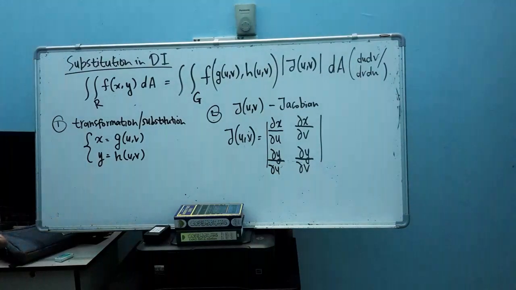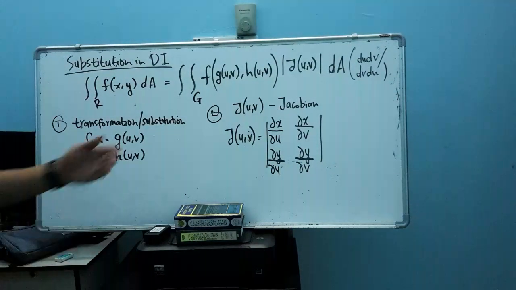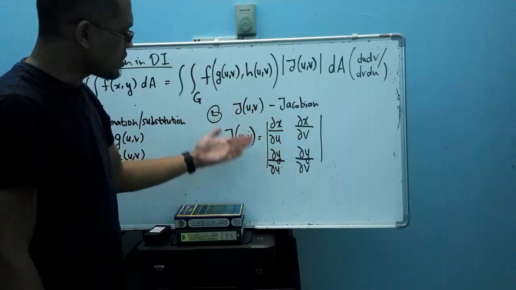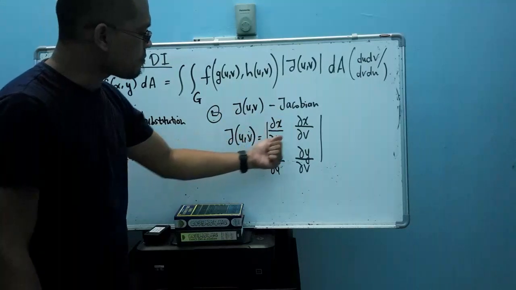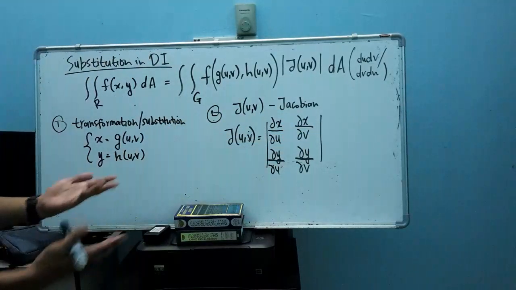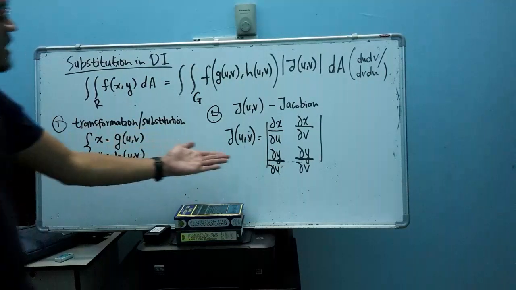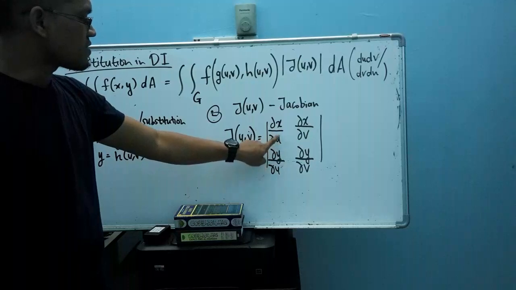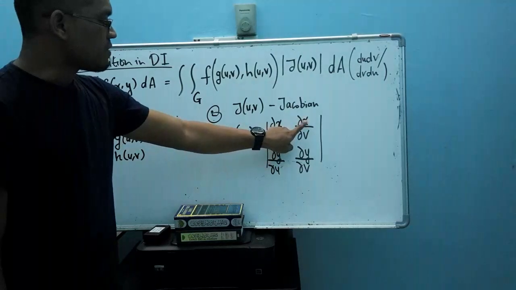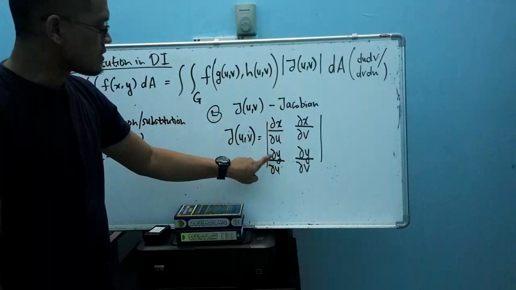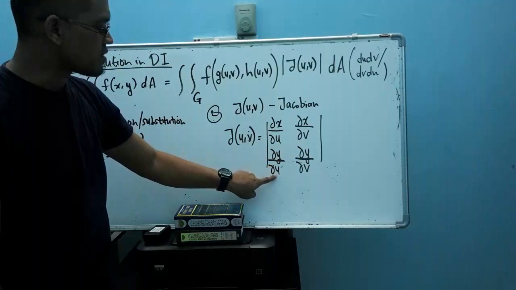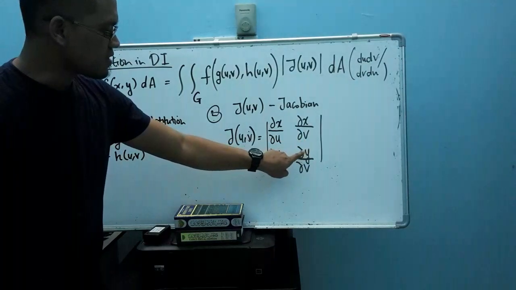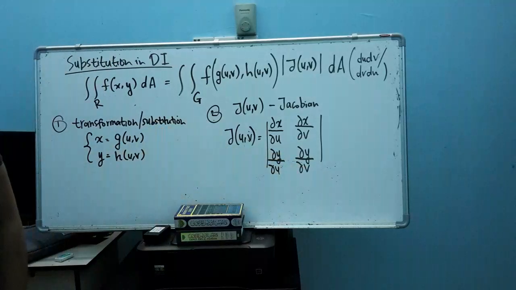But the important thing is the definition of the Jacobian: the elements of this matrix are the partial derivatives of x and y with respect to u and v.